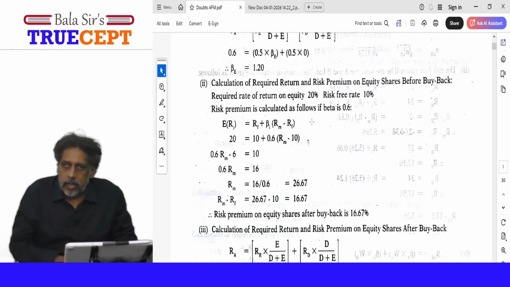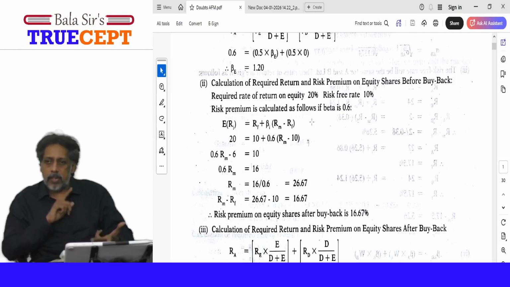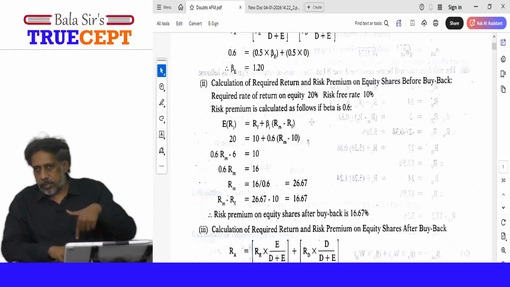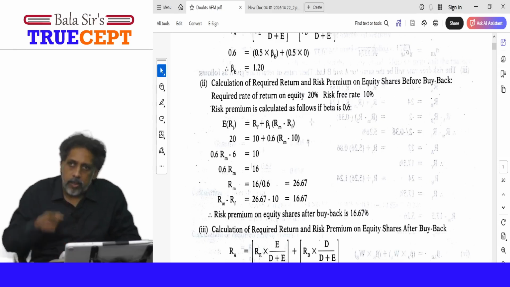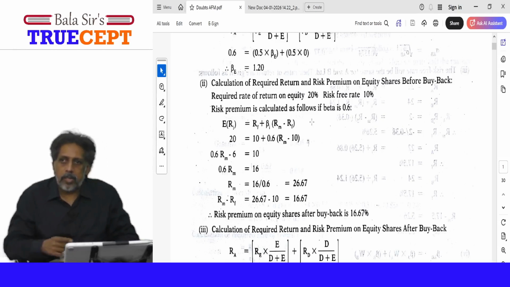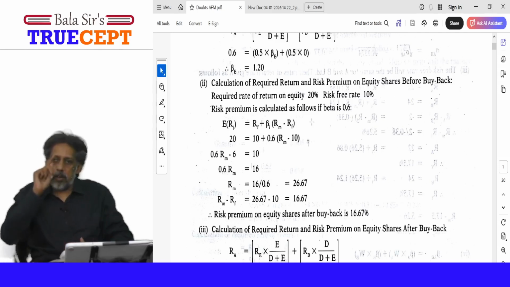Is that fine? So we write down the CAPM return formula. 20% equals RF, which is 10%, plus beta, which is 0.6, we know beta equity before buyback, times RM, which we don't know, minus RF, which we know is 10%. Close brackets.